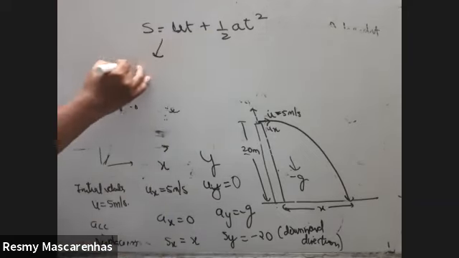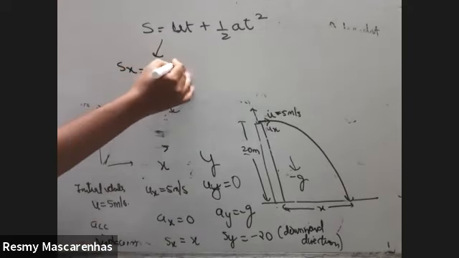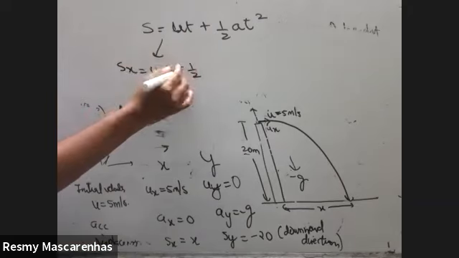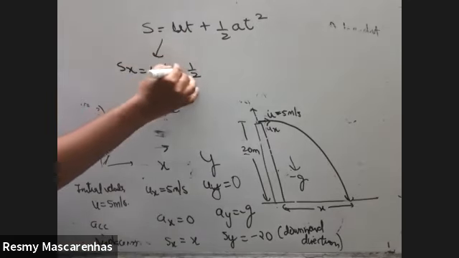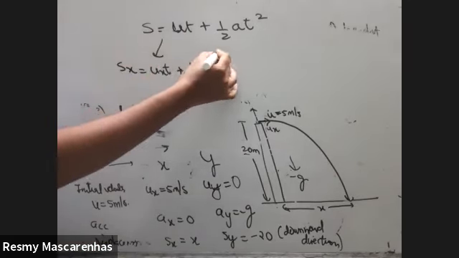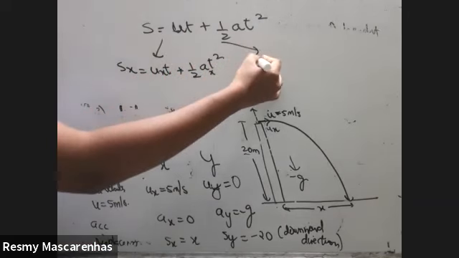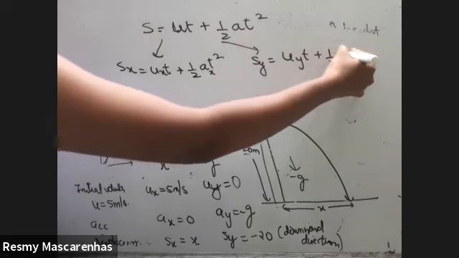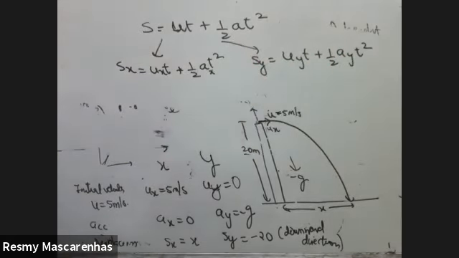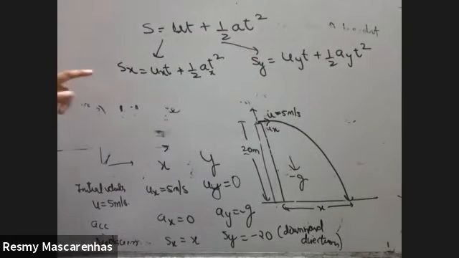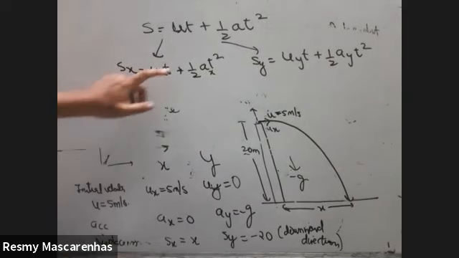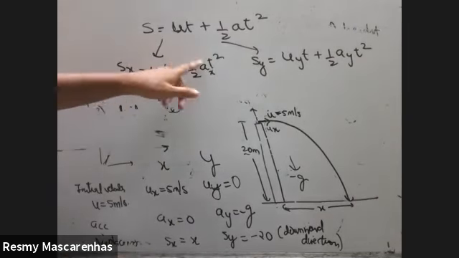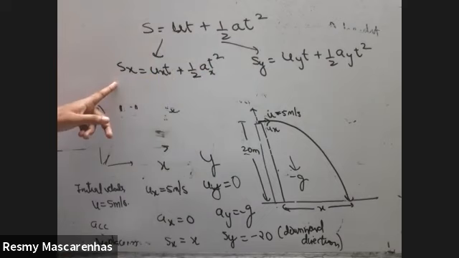There are two components: x is Ux t plus half a t square, then you have the y component, Uy t plus half a t square. Either of them you can use, but you have to see which one to use. In this case, we don't know what is s of x. This distance we don't know, so this will become unknown. T also we don't know. There will be two unknowns. We can't solve this one.